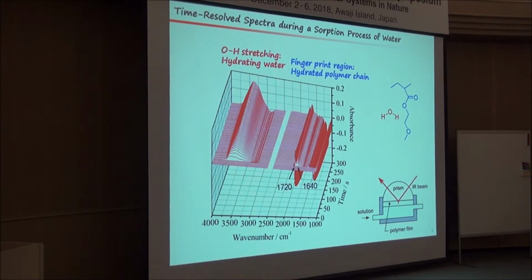This is evidence of the sorption of water, as well as the decreasing polymer band, which represents the swelling of the polymer film. However, it is very interesting. This band located at 1720, a typical carbonyl band, initially increases before the gradual increase of the water band. This is the evidence of the initial hydration of the carbonyl group. Like that, we can obtain different functional groups in the fingerprint region.